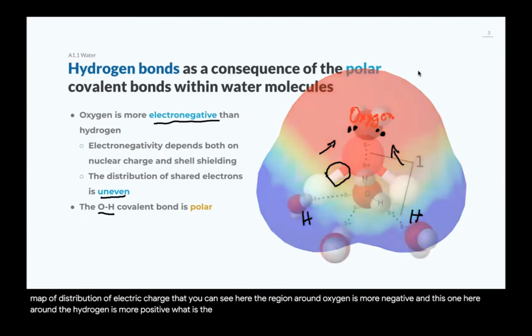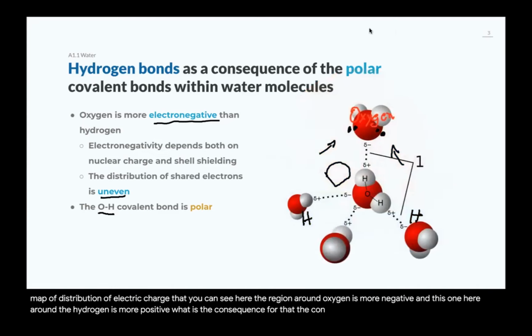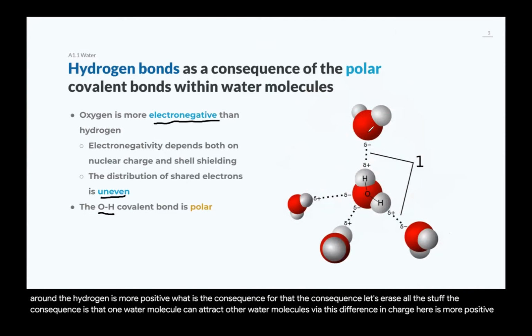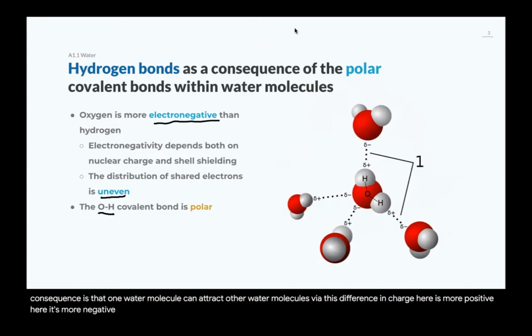What is the consequence of that? The consequence is that one water molecule can attract other water molecules via this difference in charge. Here is more positive, here it's more negative. They attract each other.